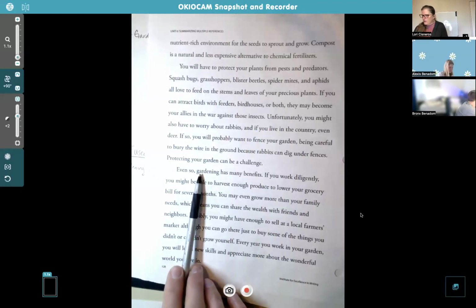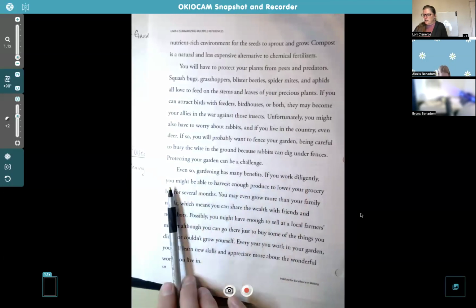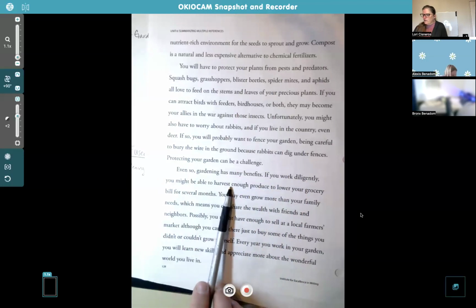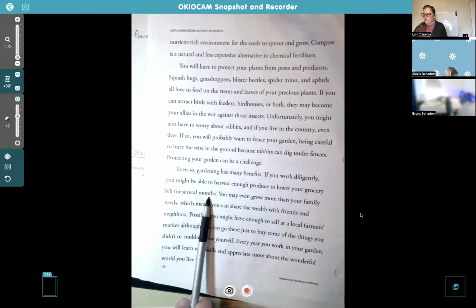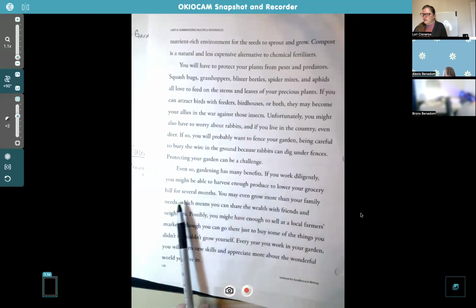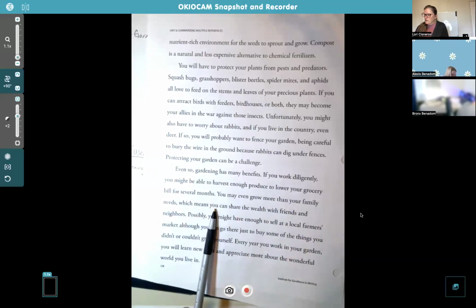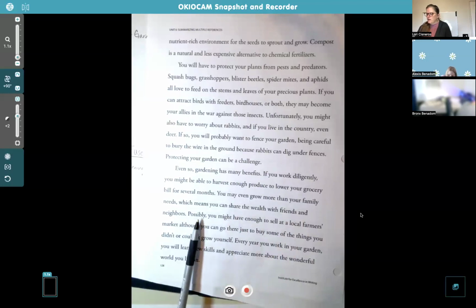Even so, gardening has many benefits. If you work diligently, you might be able to harvest enough produce to lower your grocery bill for several months. You may even grow more than your family needs, which means you can share the wealth with friends and neighbors.